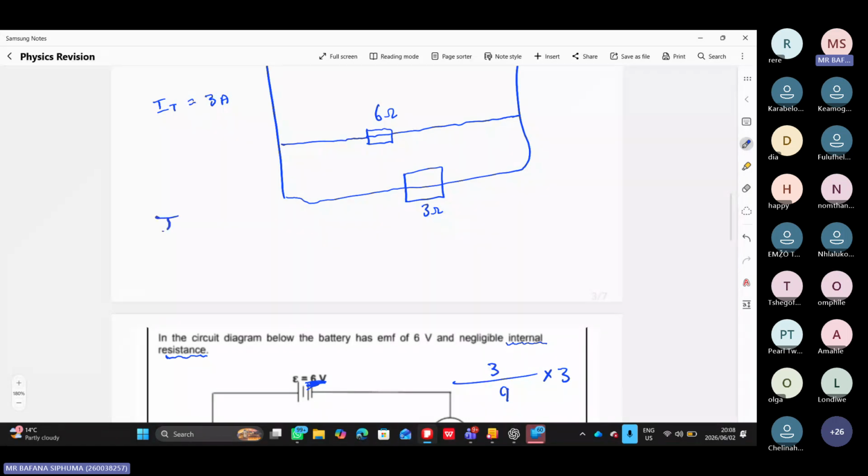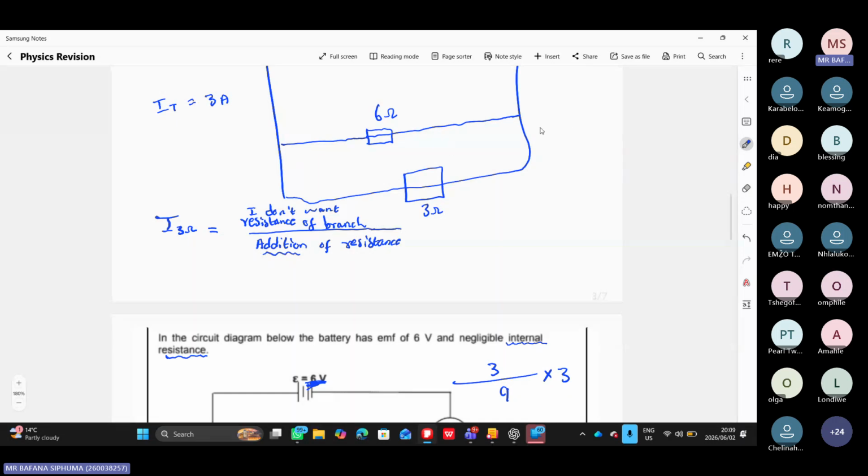I'm going to say I of the 3 ohm resistance, because this is the current of the 3 ohm resistance that I'm looking for, is equal to, I'm relating the current and resistance now, the resistance of the branch I don't want, divided by the addition of resistance.